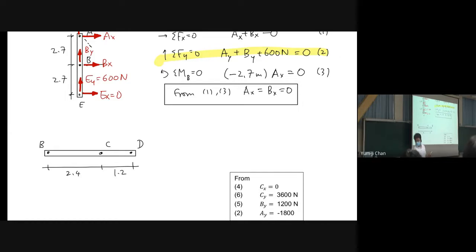We have 2,400 newtons acting on point D, and for joint C we don't know anything, so we draw, and of course the other member goes this way, but we don't need to guess the direction of the force. We simply write Cx and Cy.